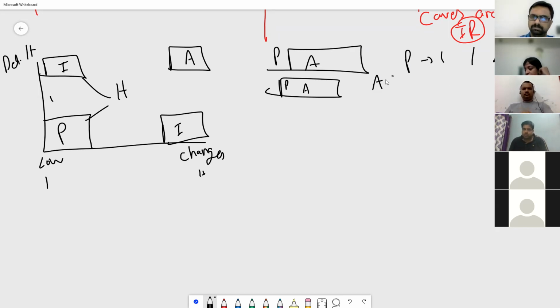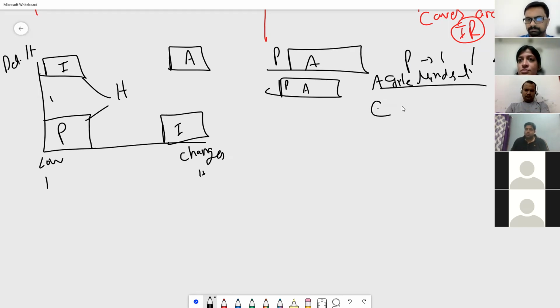Then having an agile mindset is the key to understanding agile. What is the agile mindset? The agile mindset is that the customer is everything. We try to deliver according to the customer. If the customer requires something, we try to deliver according to the customer. And then the team is everything, which builds those things.